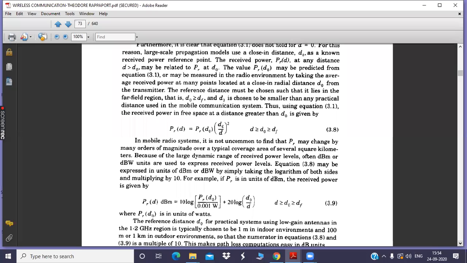My question is, do you want to divide this PR of D0 again with the 0.001?